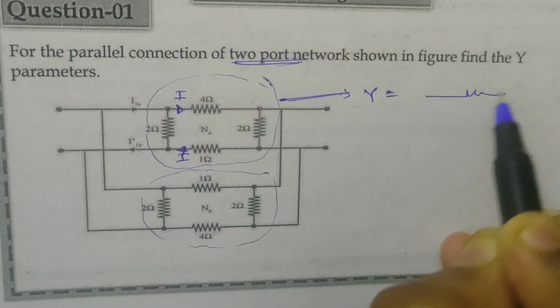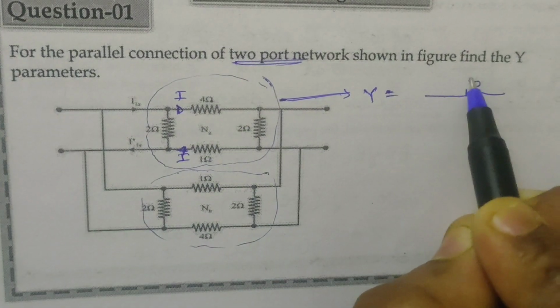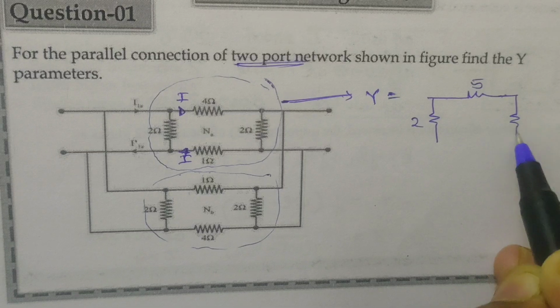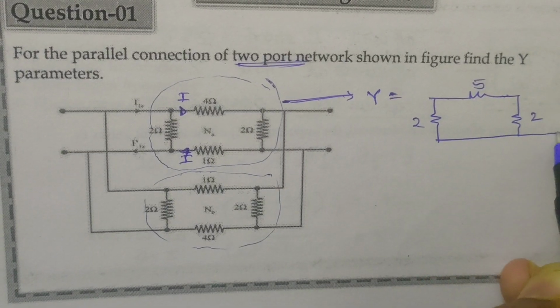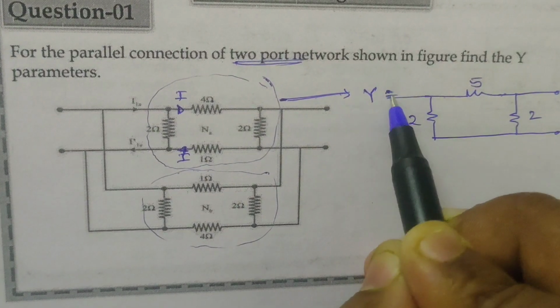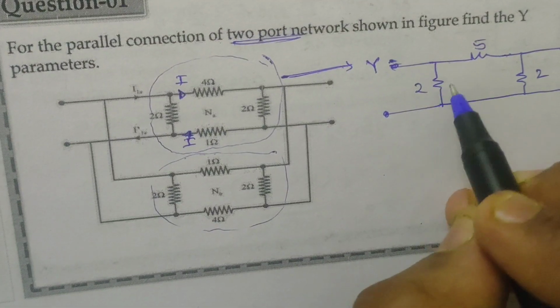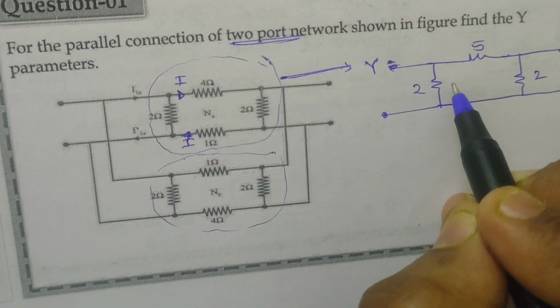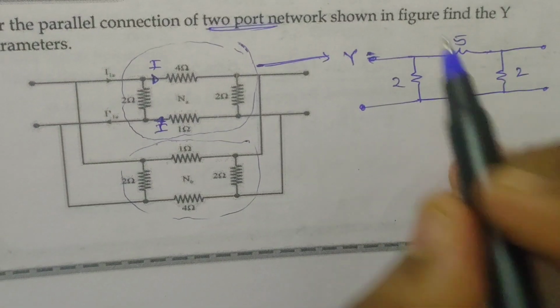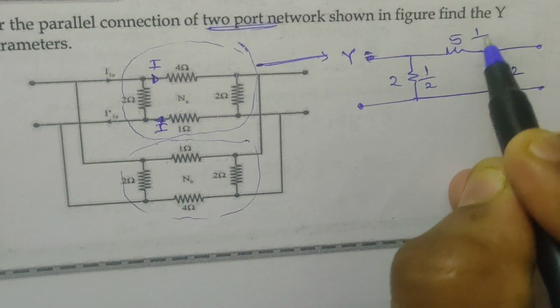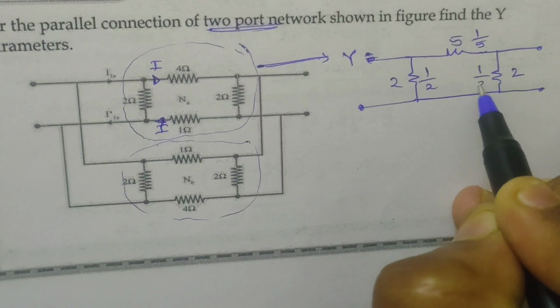Here you will get 4 plus 1, 5, and here 2, and here 2. This is port 2 and this is port 1. But these are impedances. You must convert them into admittances, that is 1 by 2, 1 by 5, and this is also 1 by 2.